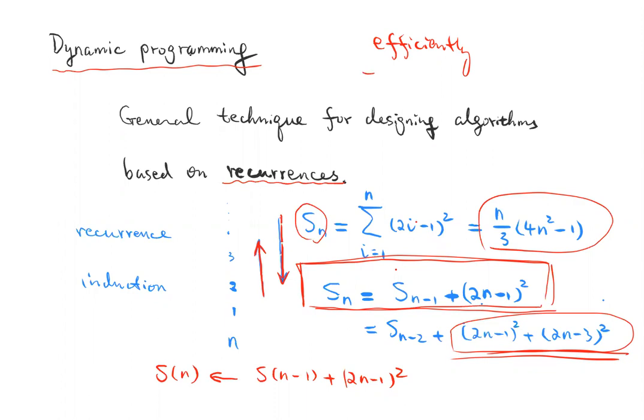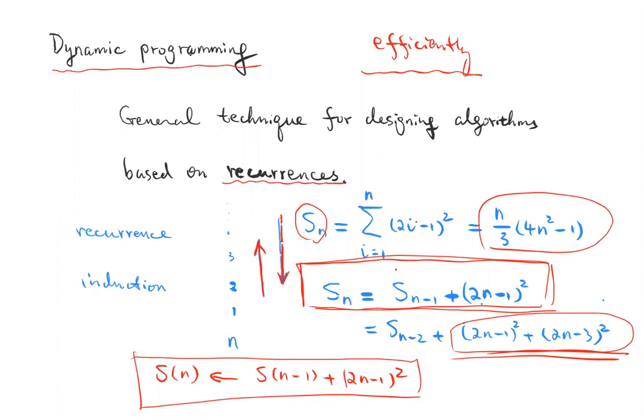If we don't care about efficiency, then it's quite simple. We can just simply use a recurrence function or recursive procedure to compute it.